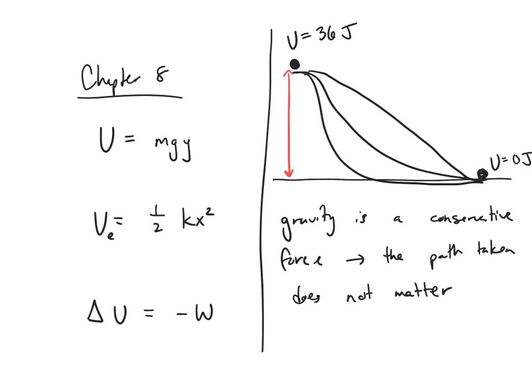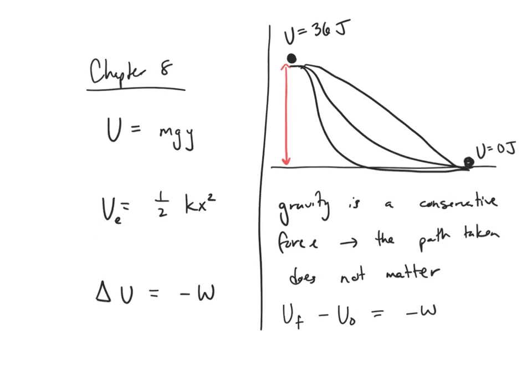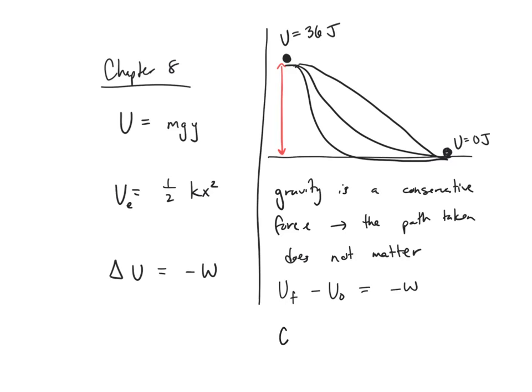Now, if I look at this problem and I think about the final minus the initial for potential energy, we want to recognize here that we're looking at 0 minus 36. So if I say final minus initial equals the negative work done, this is really going to be 0 minus 36.